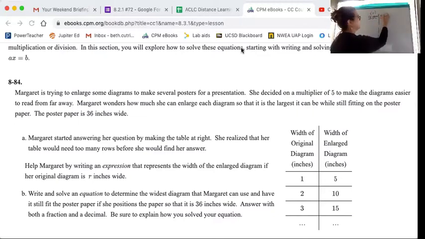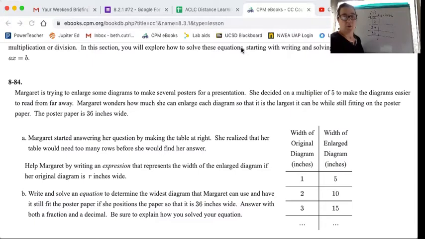And she's going to enlarge it to put on a poster about 36 inches wide, so about this wide. So she has a 1 inch, 2 inch, 3 inch width of a graph.